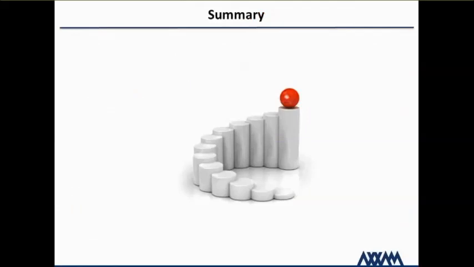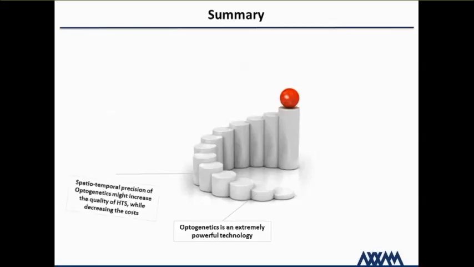So to summarize the main messages of my talk, we started from the understanding that optogenetics techniques have big potentialities in many fields of biological investigation, and also that the spatial and temporal precision of this technique can increase the quality of HTS while reducing the cost.